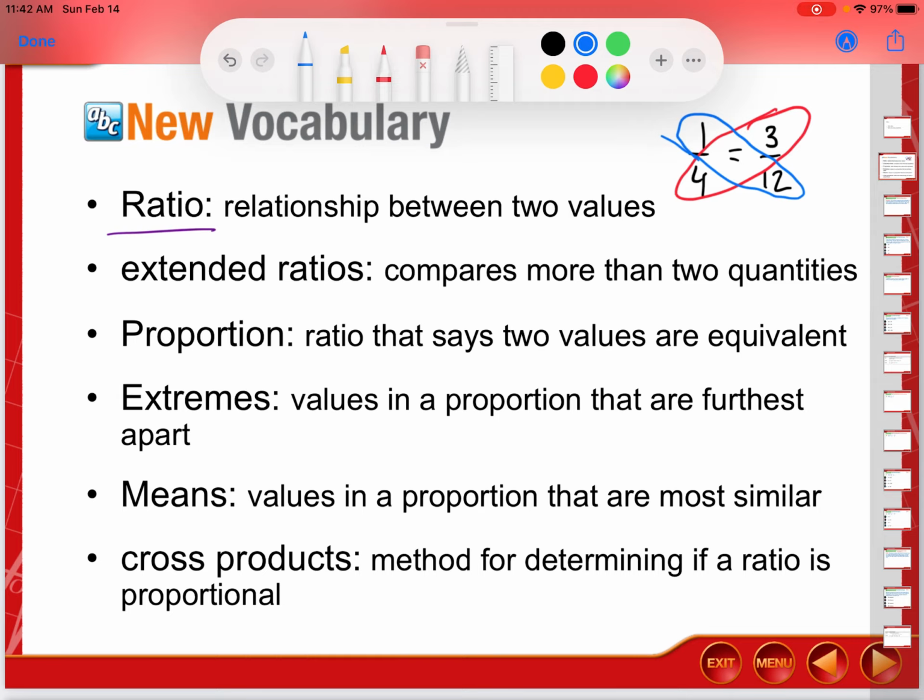So means in red, extremes in blue, which seems the opposite of what it would be based on color theory, but whatever. This isn't color theory class, this is math class.